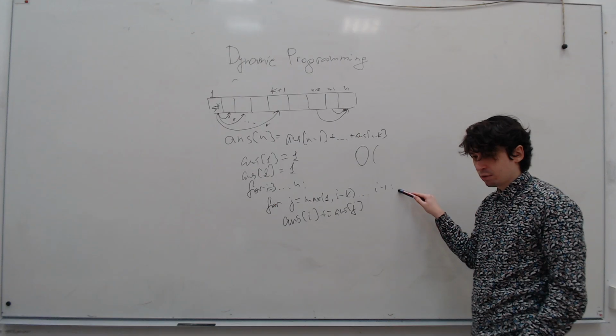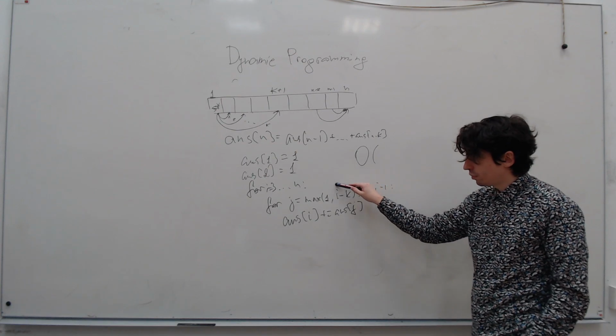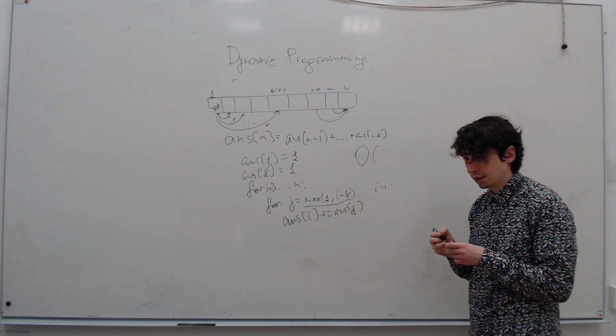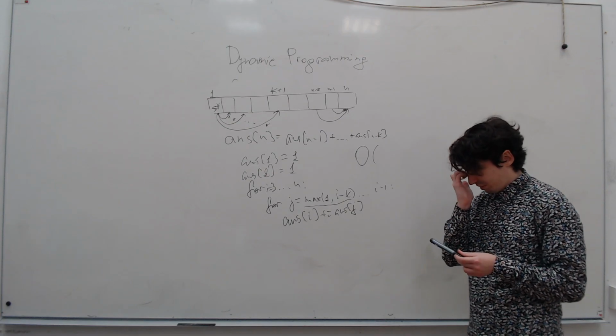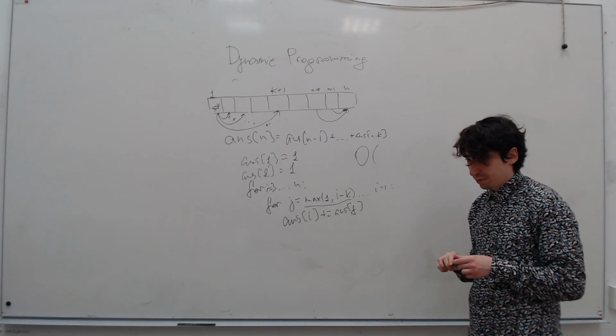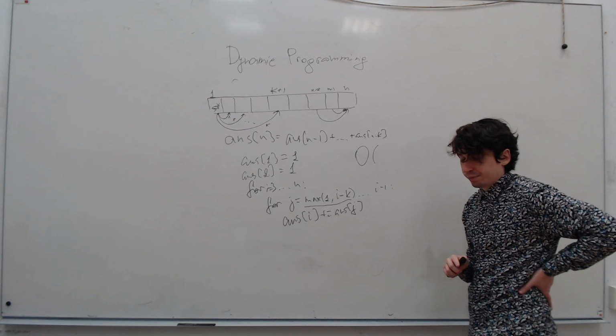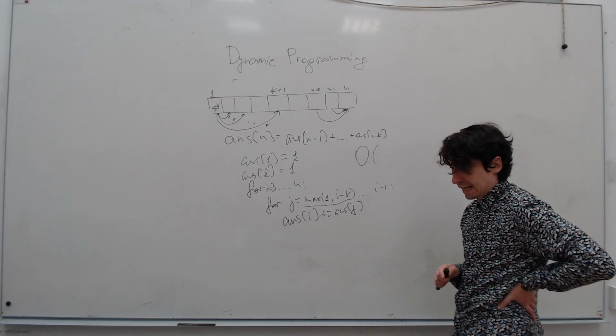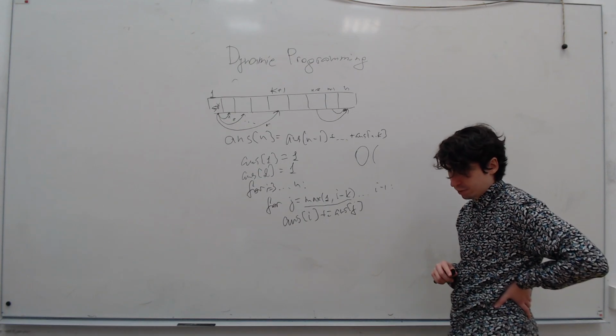From 1 to i minus 1, and i is... No, we have here maximum from 1 and i minus k. Yeah, but in the worst scenario, we have from 1 to i minus 1. Yes, that's true.